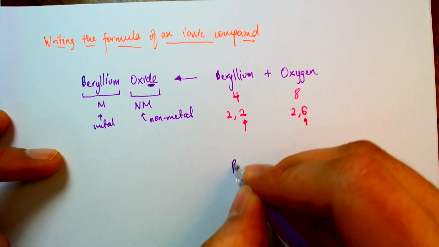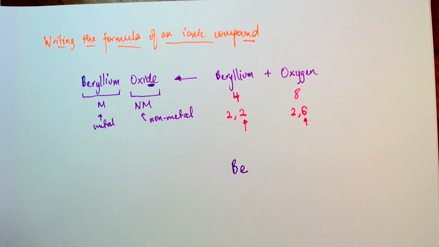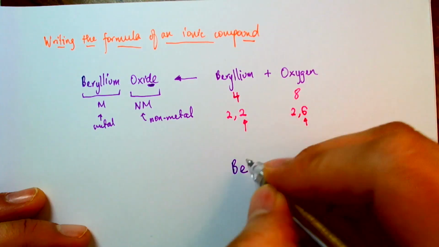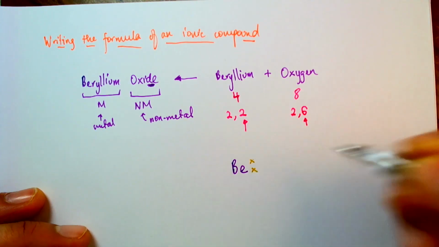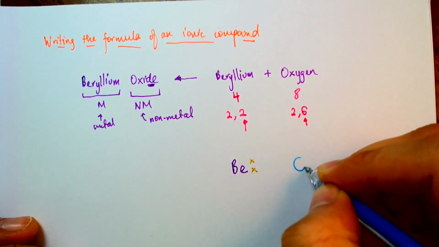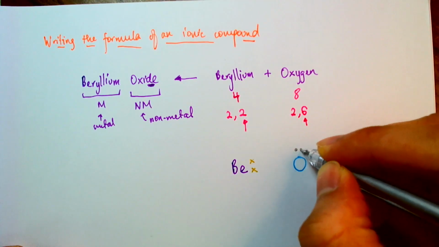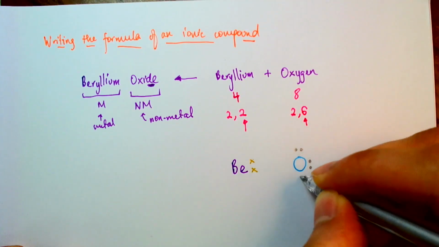So I'll write beryllium here, and I will denote its 2 electrons in the outer shell with 2 crosses, and oxygen here, oxygen symbol O, I will denote its electrons with dots this time, and it's got 6 dots.